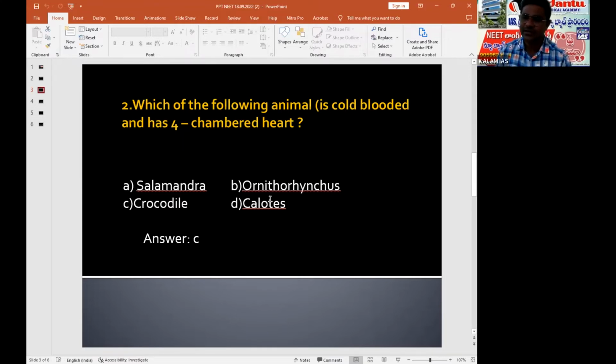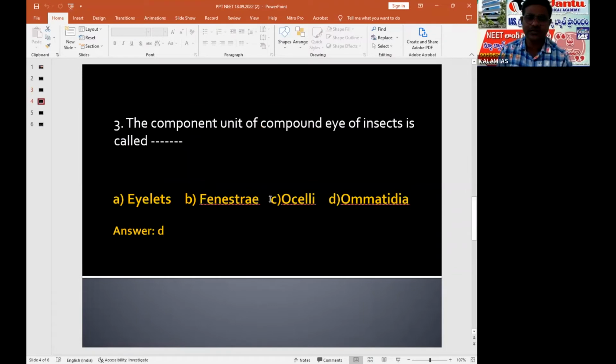That should be concluded as a partially divided four-chamber heart in the reptiles. But crocodiles also belong to the reptiles and the cold-blooded animals, and they have a completely divided four-chamber heart. So the answer is C. Okay, then go for the next question.